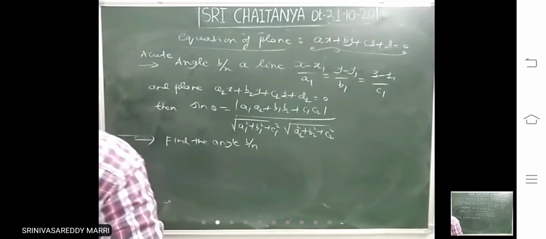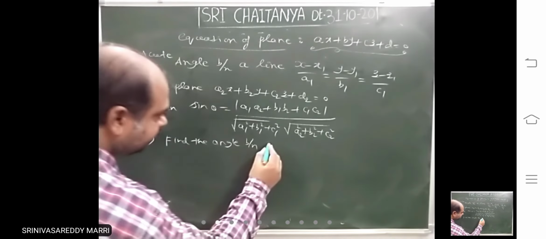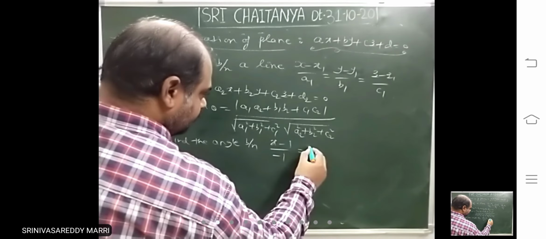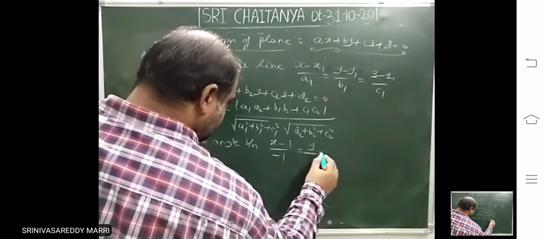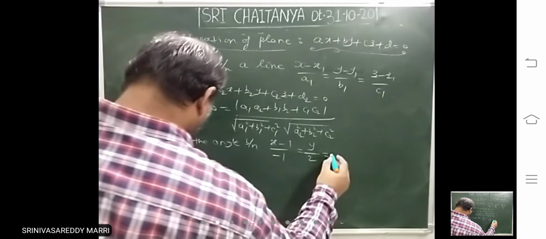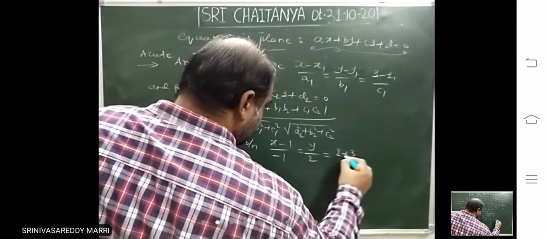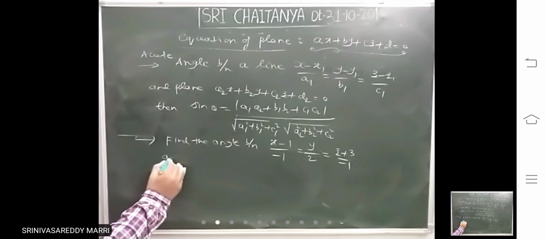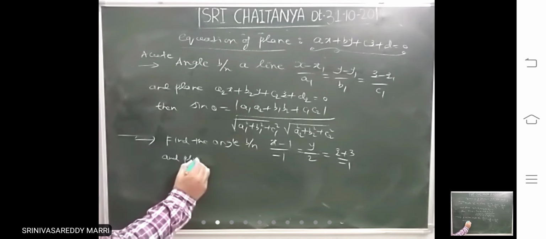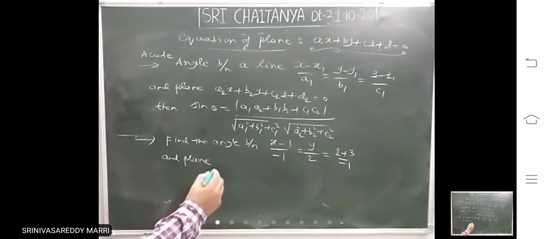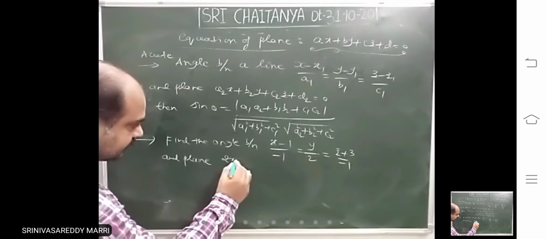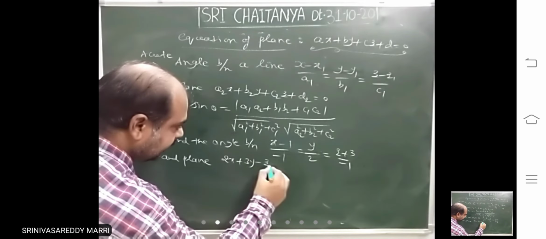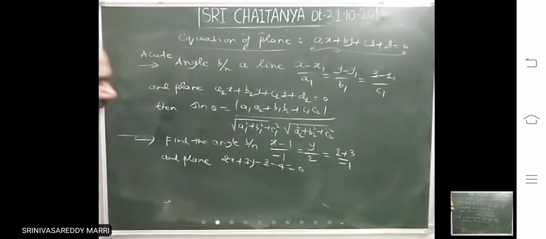Find the angle between the line with z plus 3 by minus 1 and the plane 2x plus 3y minus z minus 4 equal to 0.